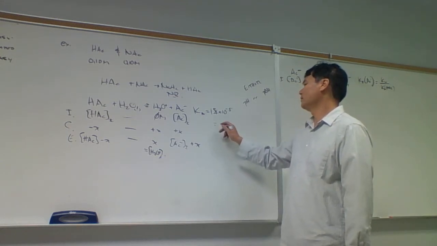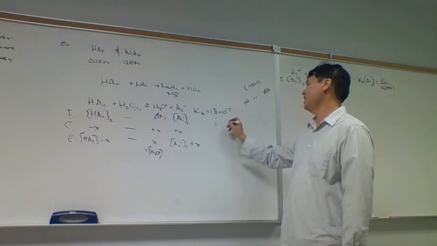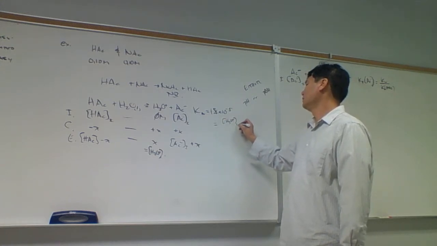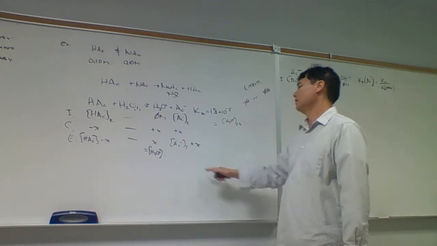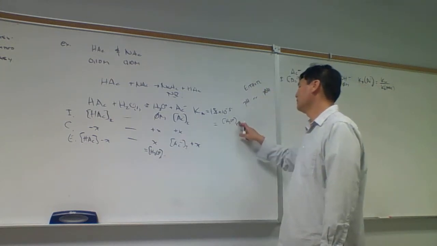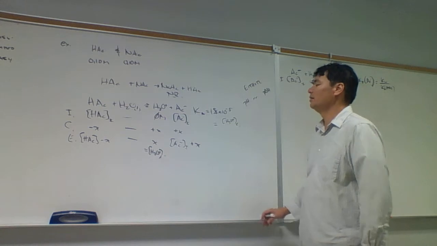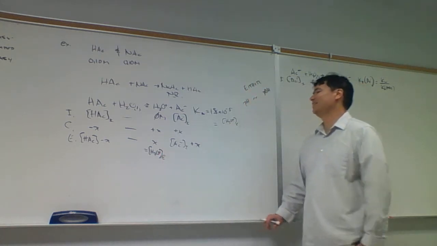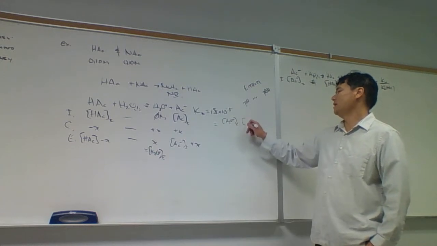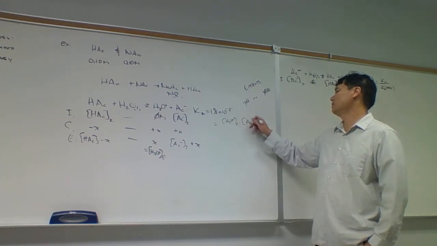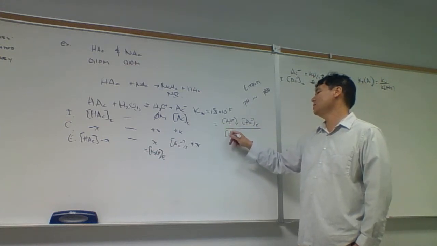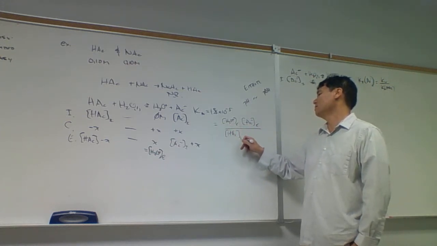So Ka is equal to the hydronium ion concentration at the end of step 1, times the acetate concentration at the end of step 1, divided by the HAc concentration at the end of step 1.